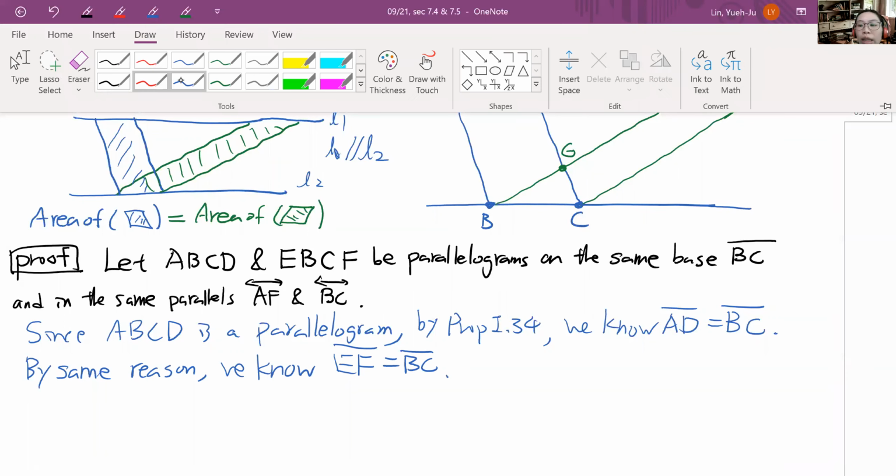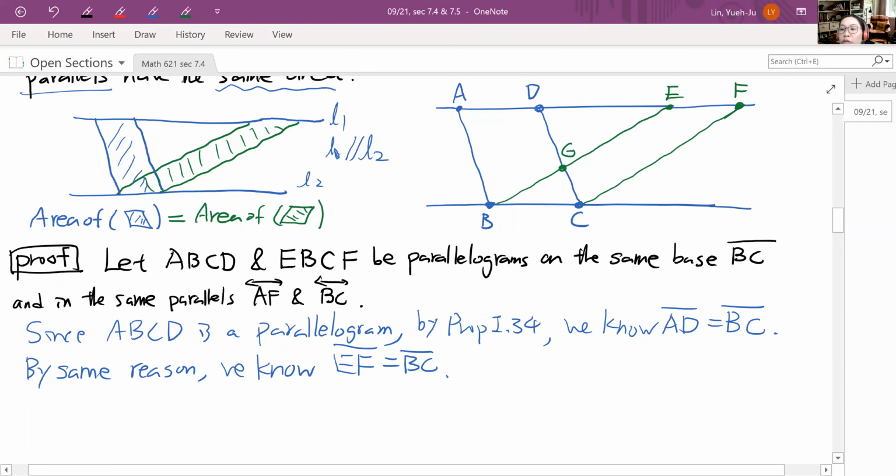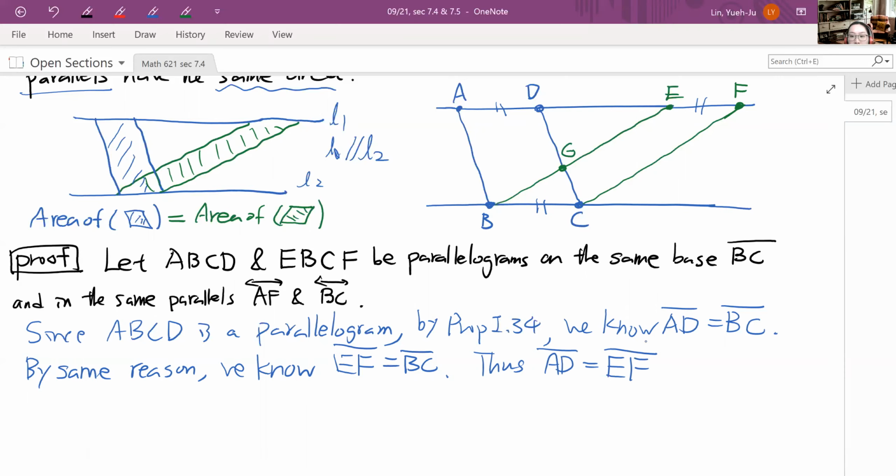So we know that because we have two parallelograms here, BC is going to equal AD, by proposition 34 that we just proved. But at the same time, BCFE is also a parallelogram, right? This is the assumption. So by the same proposition, we know that BC equals EF. So now, using these two facts, it means AD equals EF, right? Okay. So now we have this information first, okay?